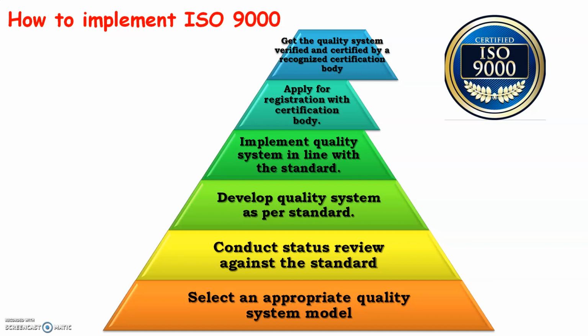Once you feel your product is manufactured as per the standard, then you can apply for the registration of certification. Once you have registered for the certification, again the quality system will be verified.